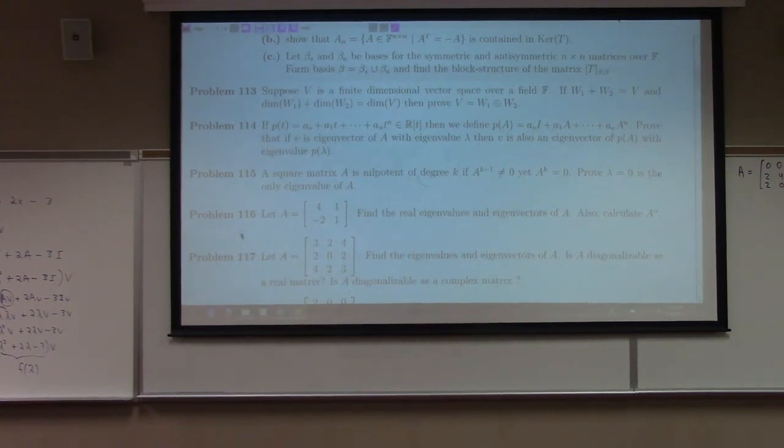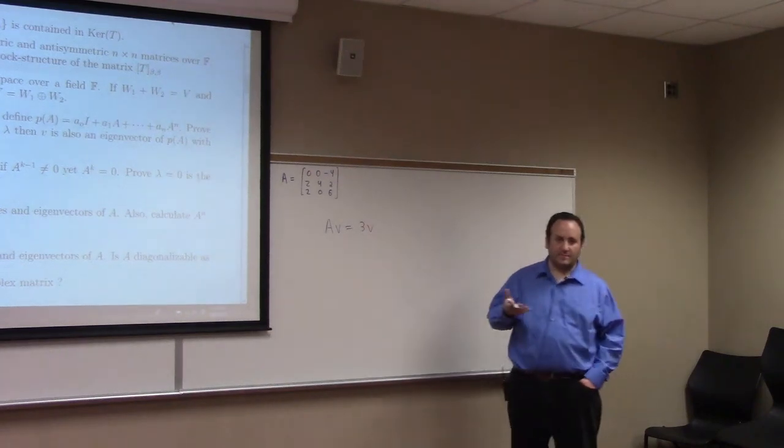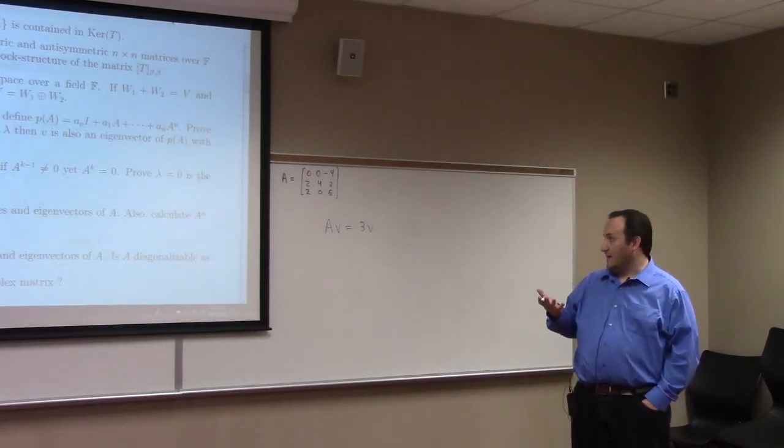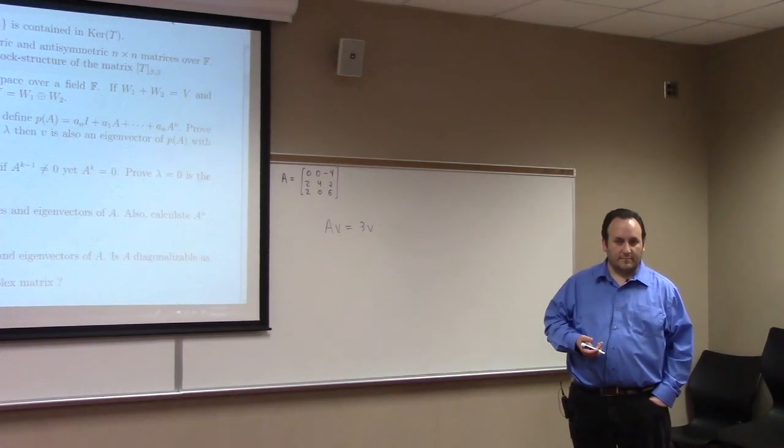So you guys are not following me yet, I don't think. What does it mean for V to be an eigenvector with eigenvalue 3? It means AV is 3V, right? This is what it means for A to have eigenvector V with eigenvalue 3. Subject to what condition? There's a string attached.